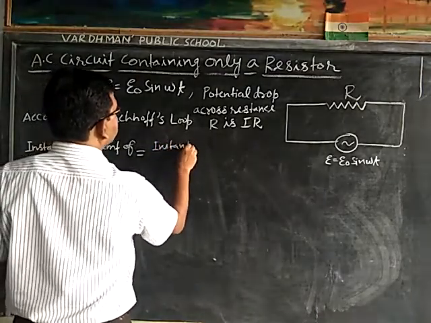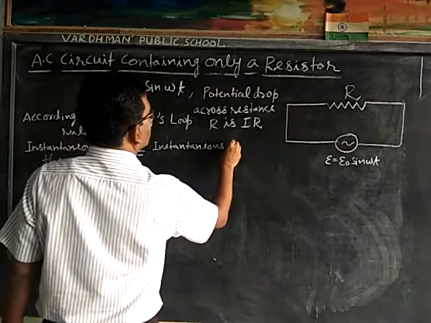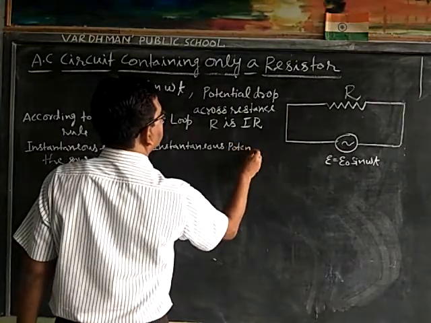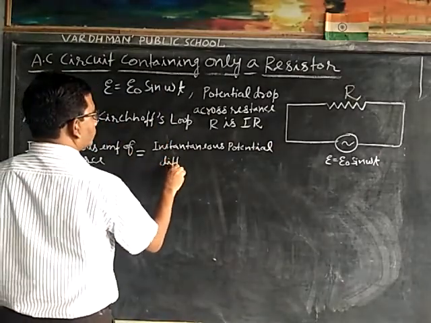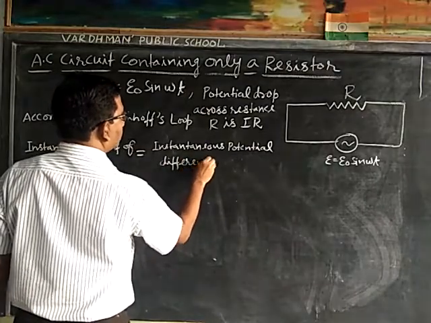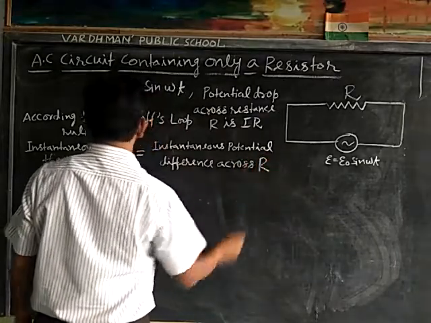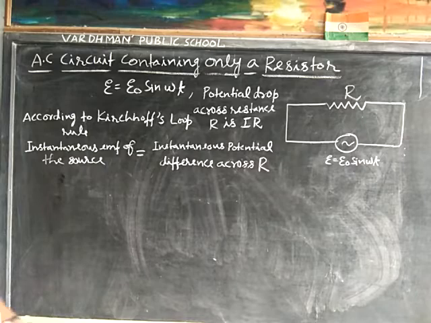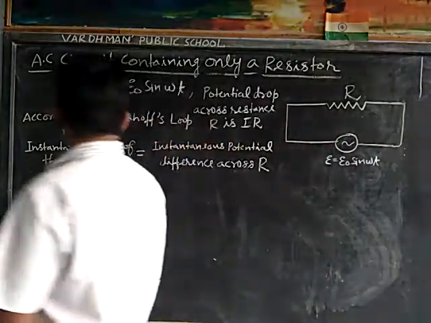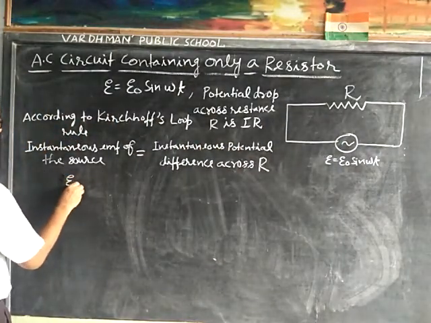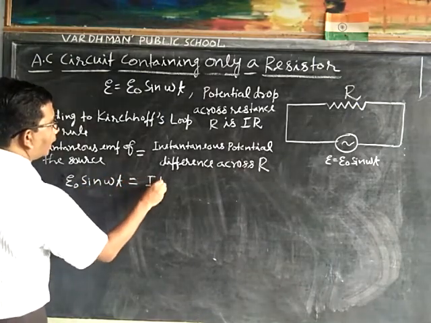Instantaneous EMF of the source is equal to instantaneous potential difference across the resistance R. Instantaneous EMF of the source, that is E0 sin omega t, is equal to IR.